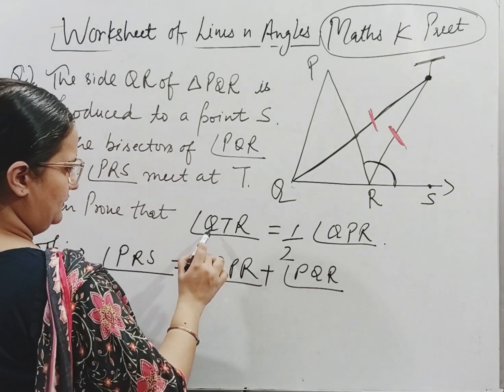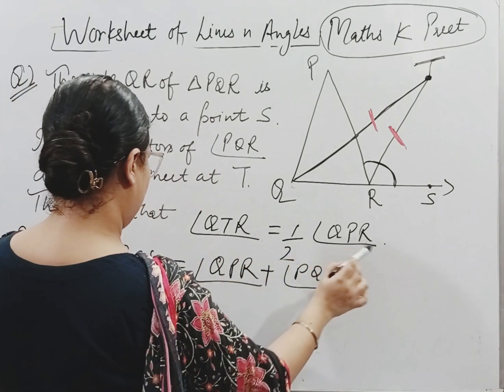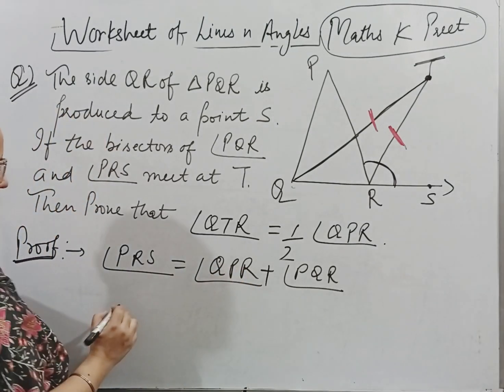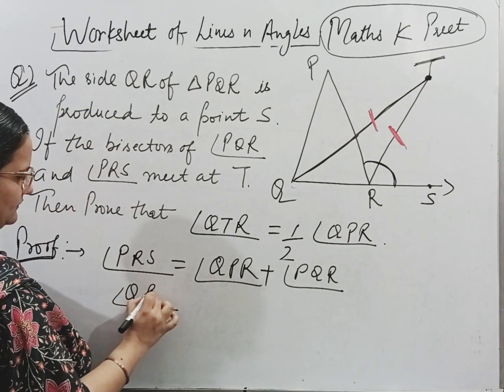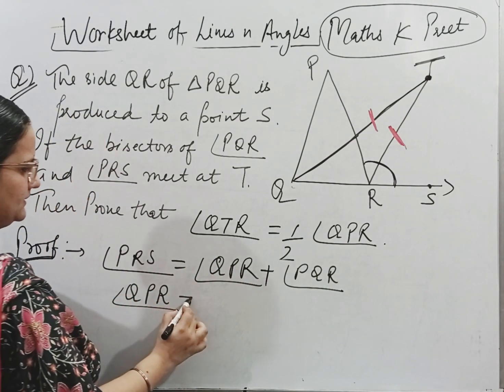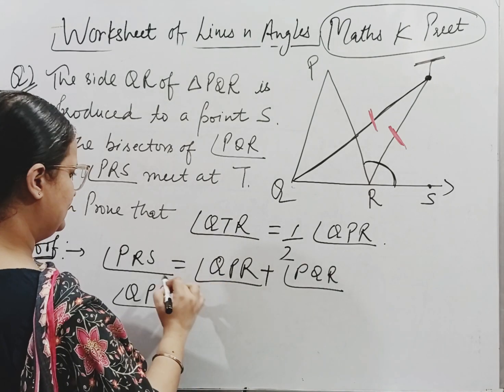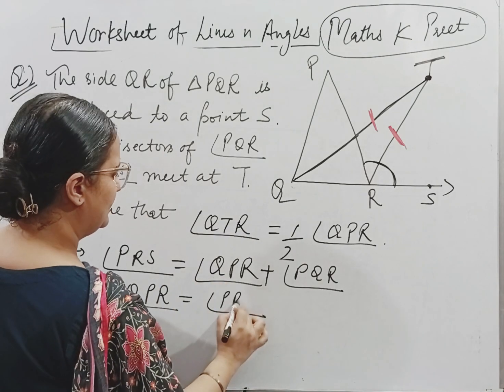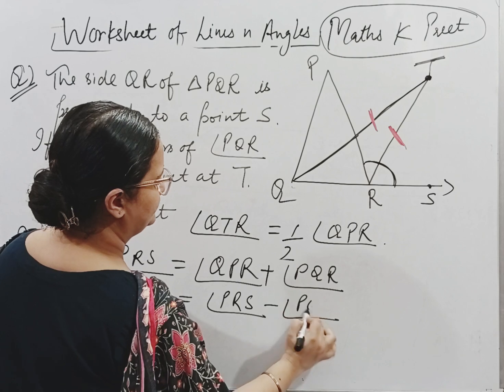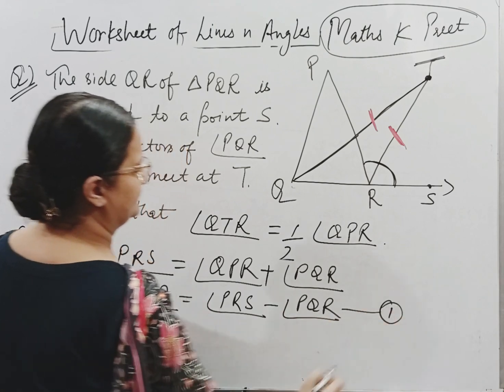So in the question we have QPR. We will take this QPR on one side and rest of the angles on the other side. So this QPR further can be written as PRS minus PQR. Mark it number 1.